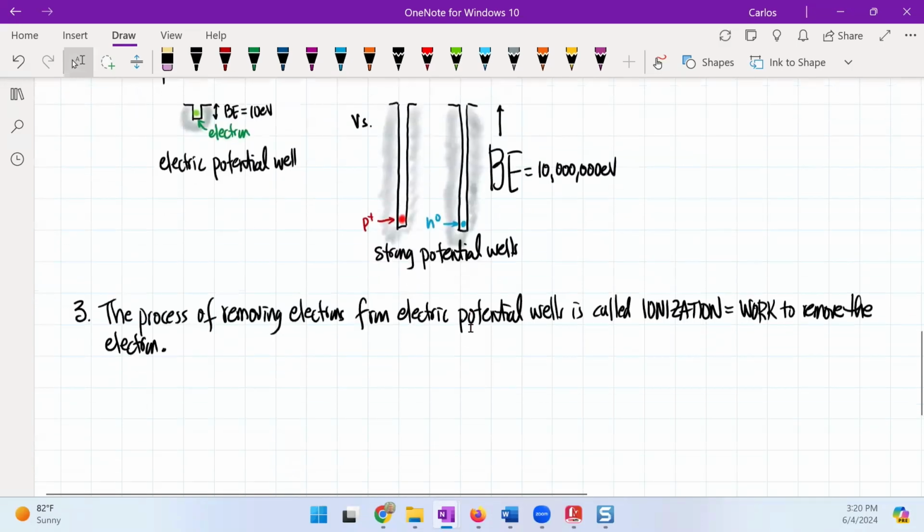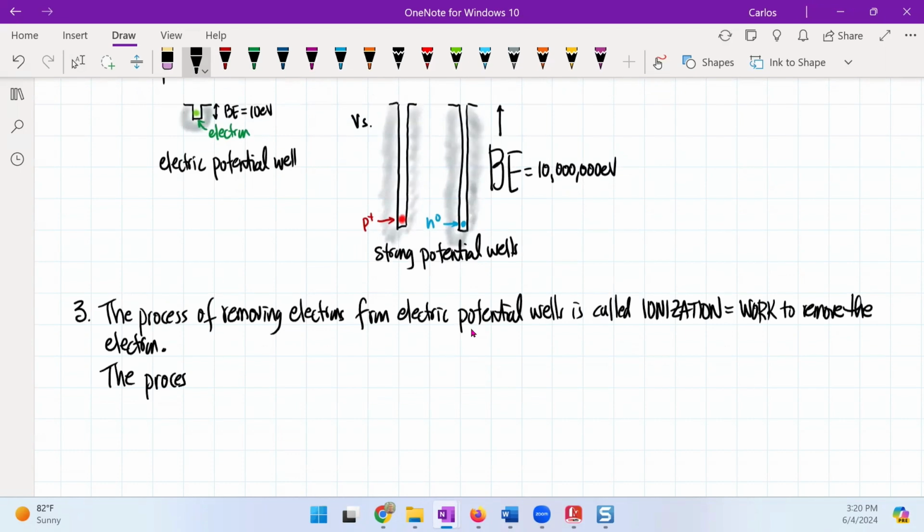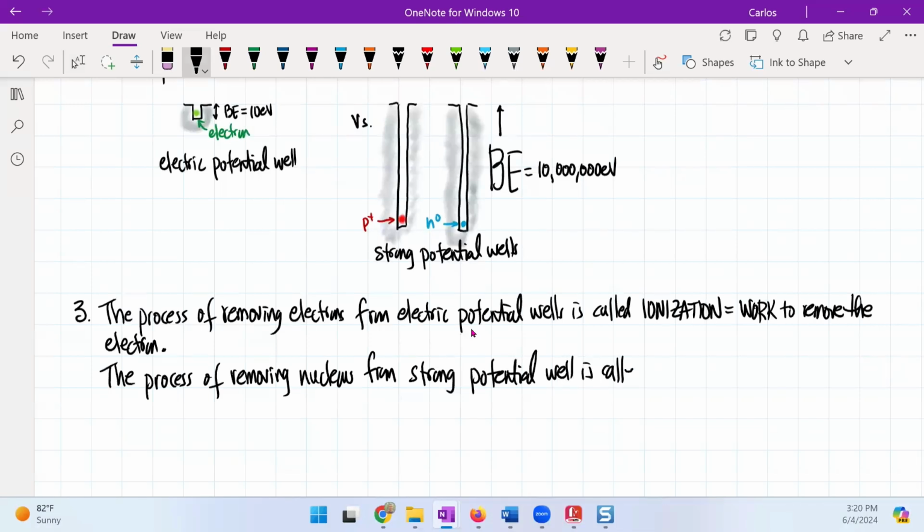And I can say the exact same thing for nucleons. The process of removing nucleons from the strong potential is called the separation energy.